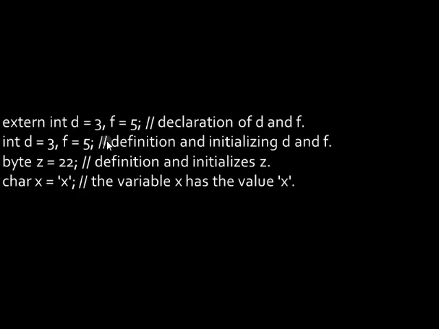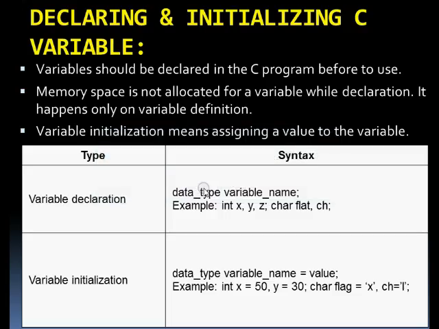Here's the difference between declaring and initializing a C variable. A variable should be declared in a C program before you use it. Memory space is not allocated for a variable during declaration; it happens only when the variable is defined.